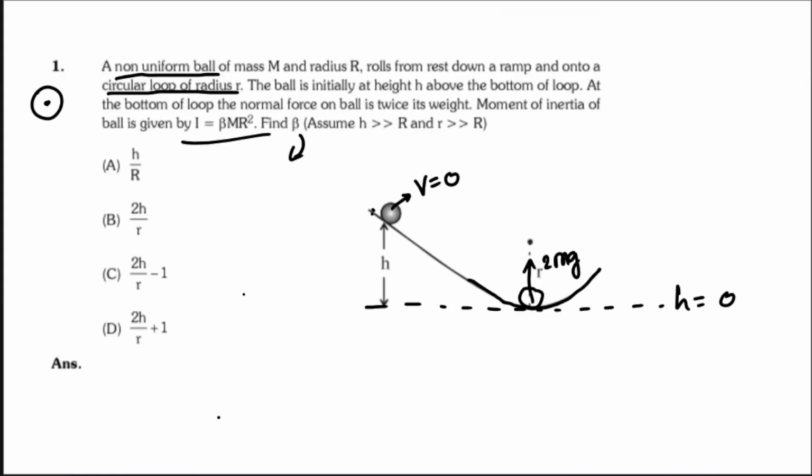So first thing first, what is going to come in our mind, can we use conservation of mechanical energy? Because if the body is rolling, there must be friction on the surface, and if there is friction, earlier in all cases, what we have done, whenever there is friction, we don't conserve mechanical energy, then we simply write work done by all forces is equal to change in kinetic energy.